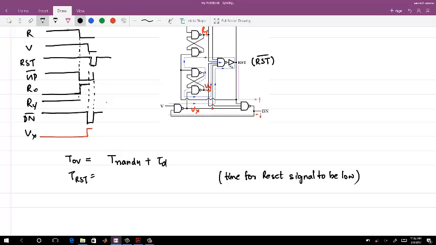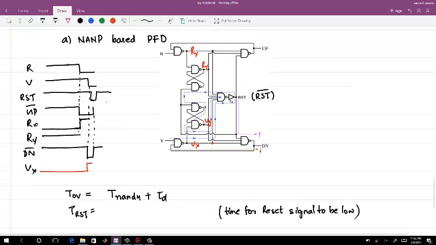Okay. Now this T reset signal is, if you look at it, once the reset signal goes low, it actually goes through this NAND gate, then this NAND gate, and then comes back to the NAND 4 and the delay. You got that idea?